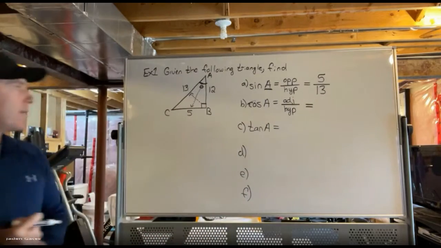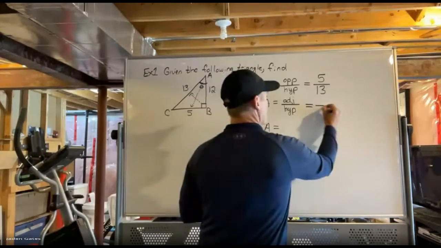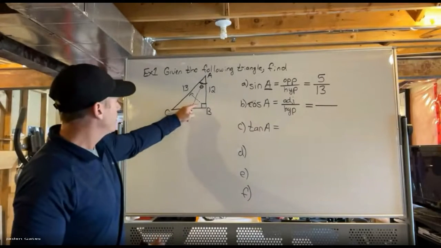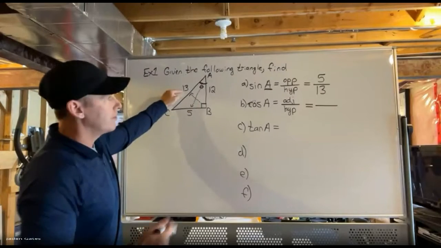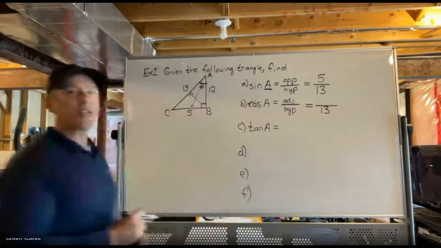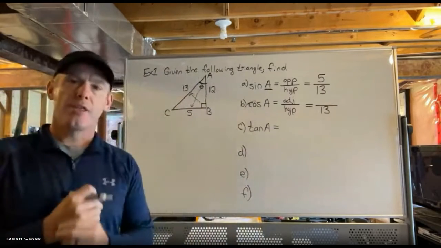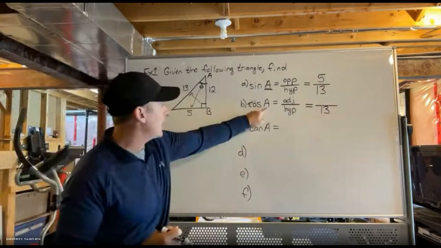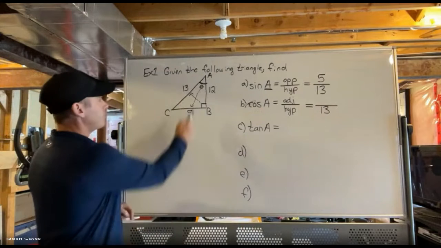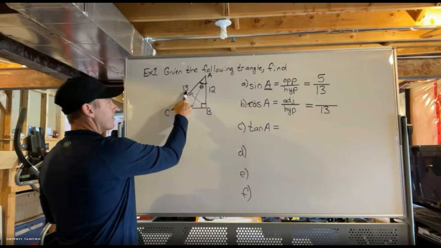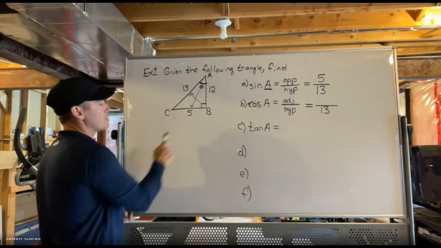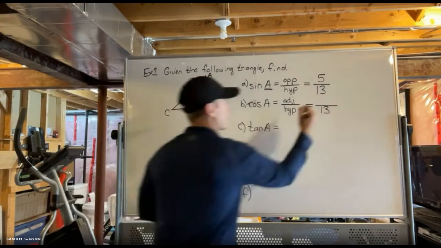Now I look at my ratios and I know which sides I'm dividing. My hypotenuse is across from the right angle. It's still 13. The adjacent, though, is the side that is beside angle A. Now, watch this. I go to angle A. There are actually two sides beside angle A. But guess what? The 13 is the hypotenuse, so the only one to pick is the 12.